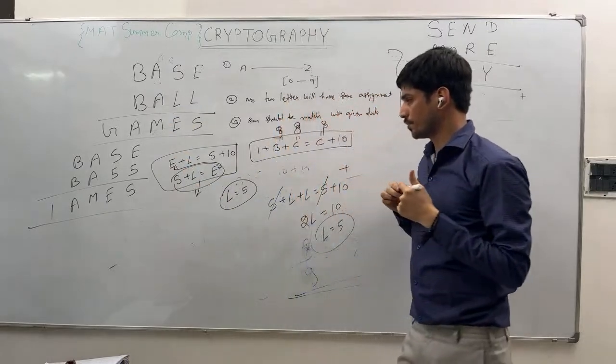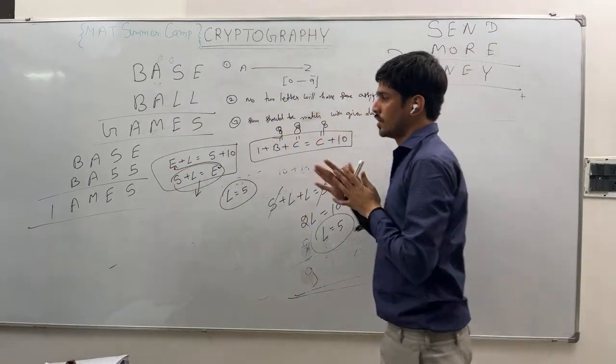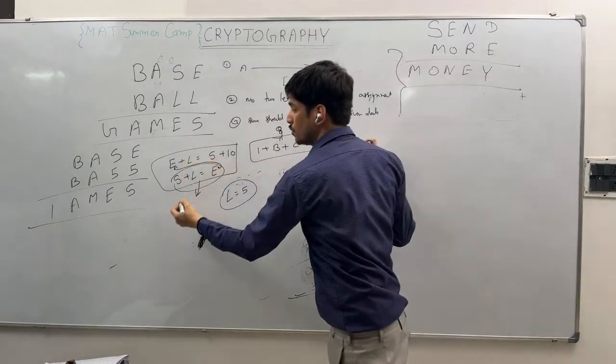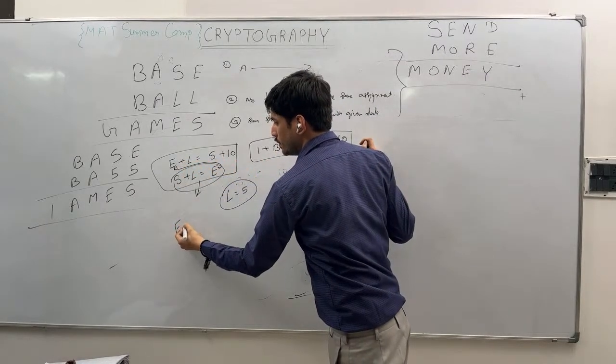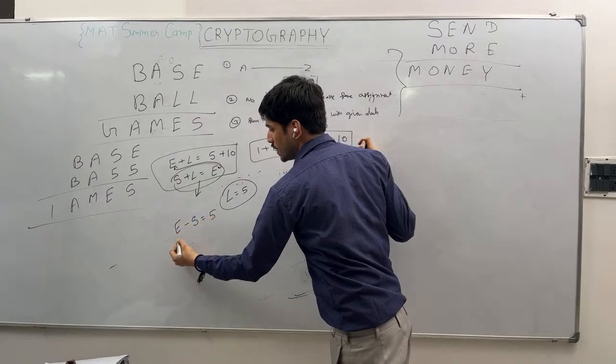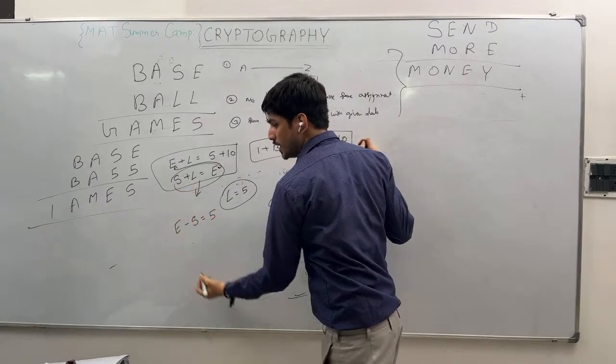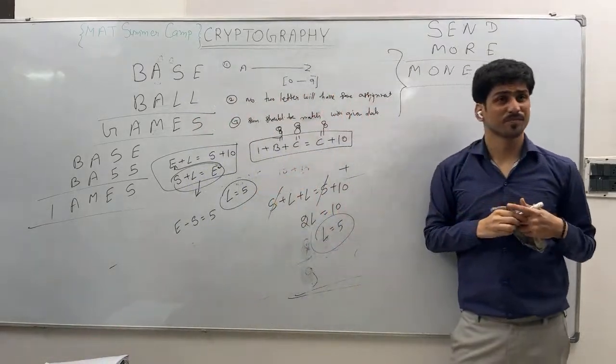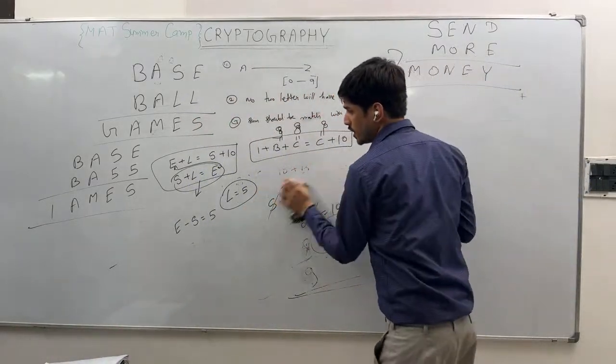How can you solve? L is 5, then what is the value of E? You put L equal to 5 here, so you'll get E minus S equal to 5. E is 6, not E is 3. Definitely. How come?